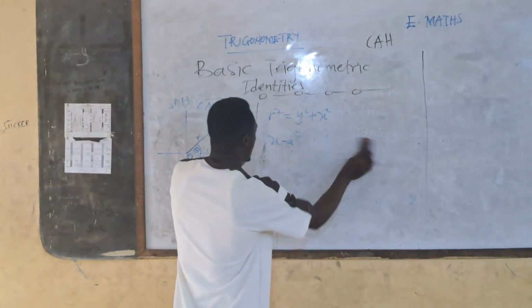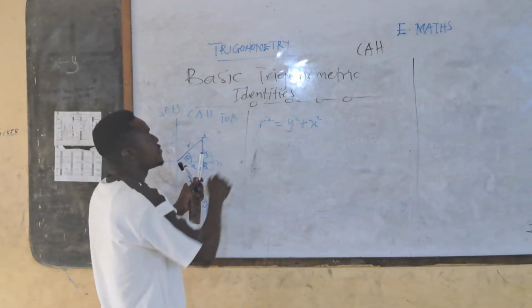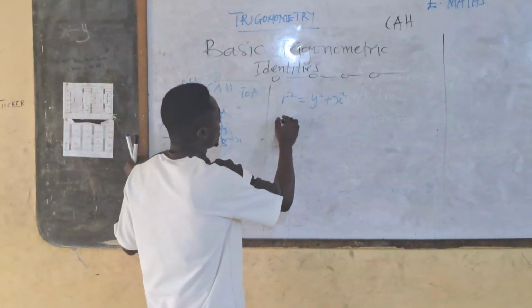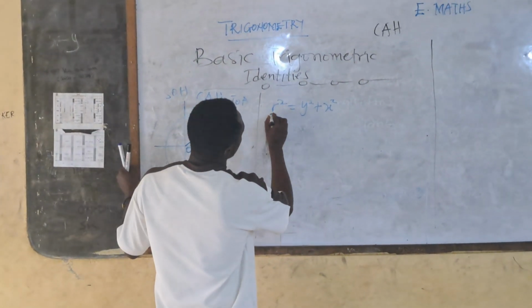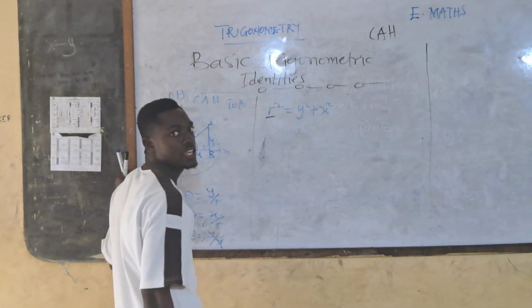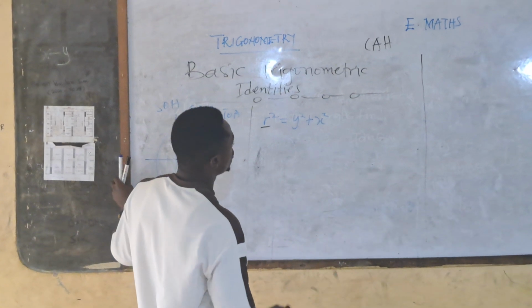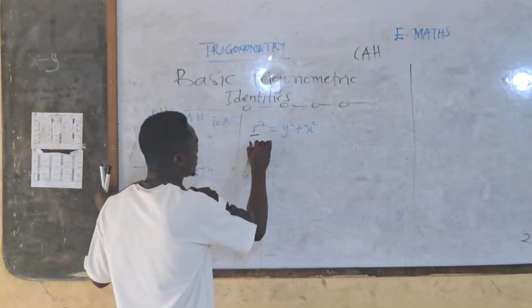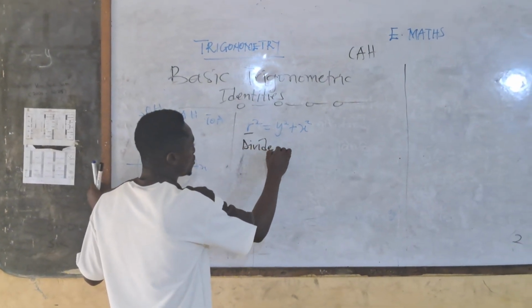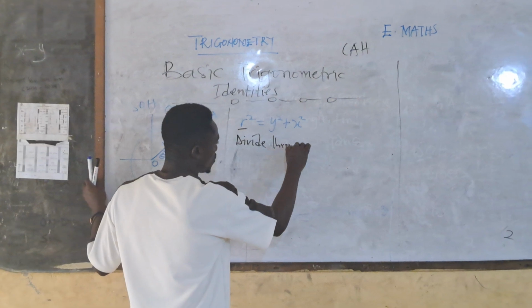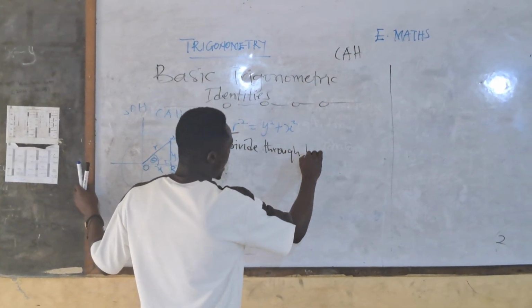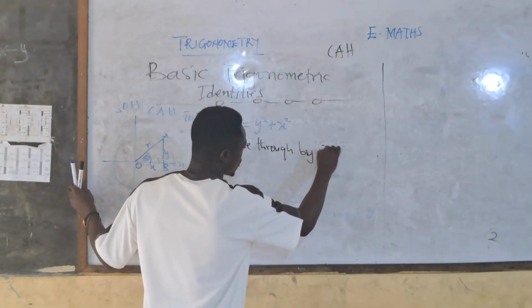Now we want to make the radius become 1. If we want to reduce the radius here to become 1, what do we do? We divide by r squared.